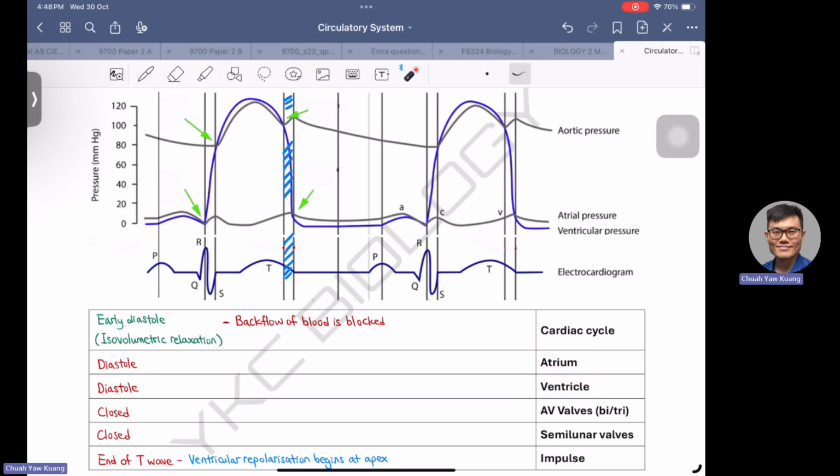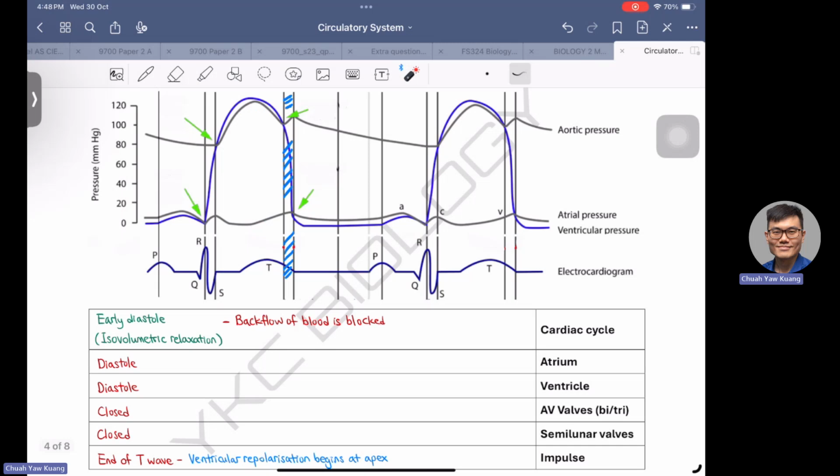For the AV valve, it will remain closed at this point because it will only start to open after this. While for the semilunar valve, it will have to close, to prevent the backflow of the blood from the aorta into the ventricle.